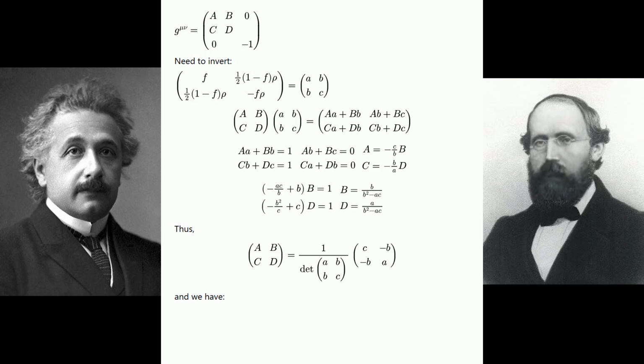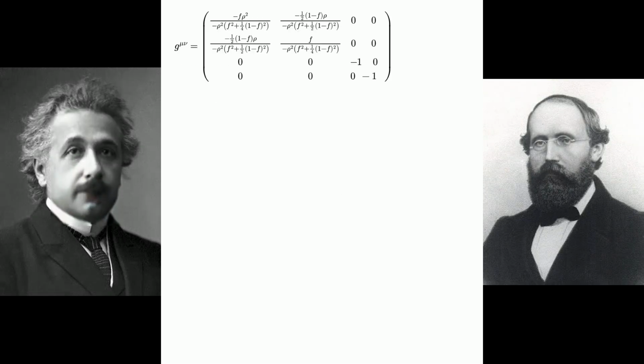And we have the mu-th nu-th power of g equals the 3 by 3 matrix. Row 1: column 1, the fraction with numerator negative f of rho squared and denominator negative rho squared times f squared plus 1/4 times (1 minus f) squared; column 2, the fraction with numerator negative 1/2 times (1 minus f) times rho and denominator negative rho squared times f squared plus 1/2 times (1 minus f) squared; column 3, 0.